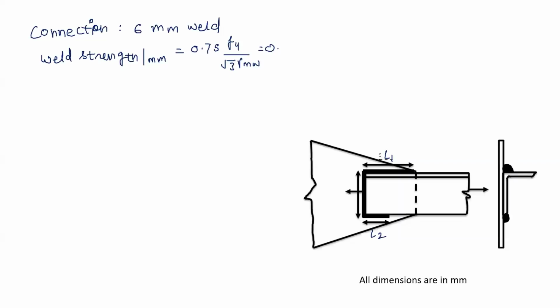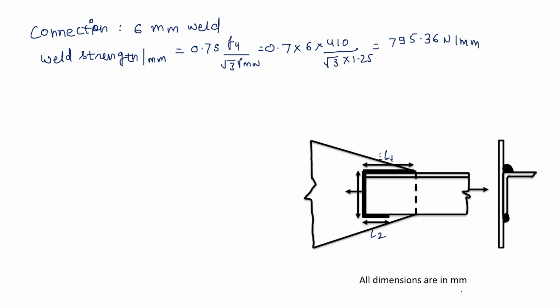So we have 0.7 into 6 into 410 upon root 3 into 1.25, and this value we have seen 795.36. And then we will take moment about L2.